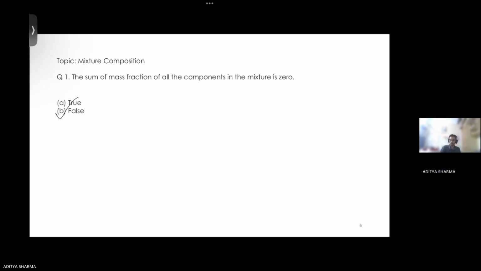Okay. So 1 is for the whole mass of the mixture, and out of that, different components have different shares in terms of mass that we call mass fraction. So the answer to this question is B.